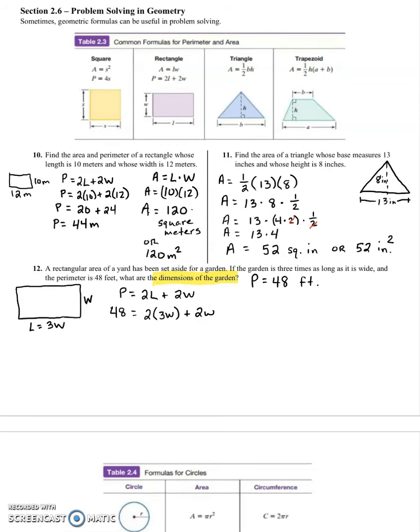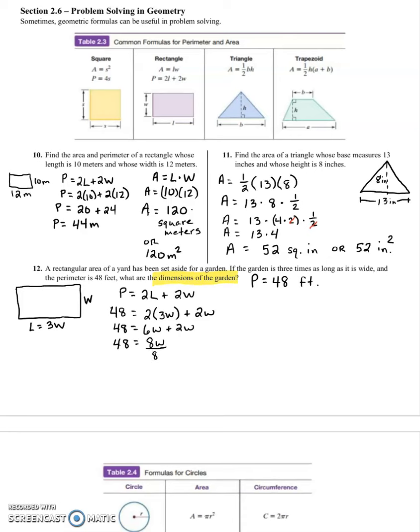Okay, so now let's do some arithmetic. We have 48 equals 2 times 3W is 6W plus 2W means that 48 equals 8W.